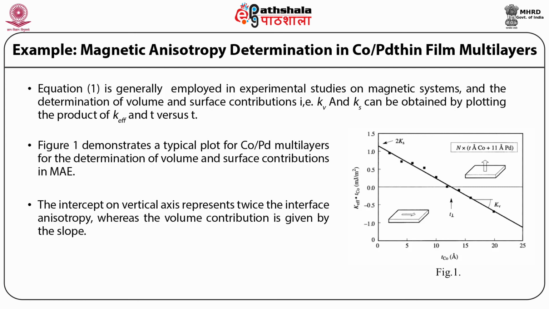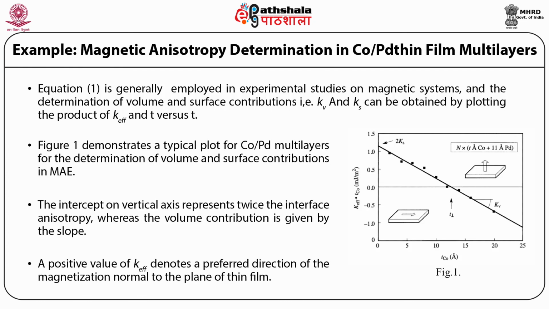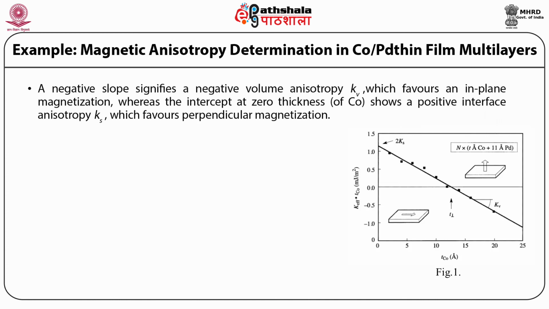The intercept on the vertical axis represents twice the interface anisotropy, whereas the volume contribution is given by the slope. A positive value of K effective denotes a preferred direction of the magnetization normal to the plane of the thin film. A negative slope signifies a negative volume anisotropy Kv, which favors an in-plane magnetization, whereas the intercept at zero thickness of cobalt shows a positive interface anisotropy Ks, which favors perpendicular magnetization.